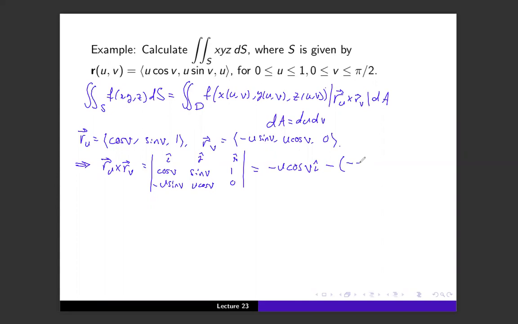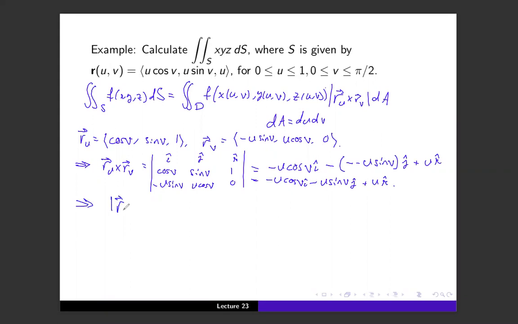So it's negative u sine v. So it's still going to be negative once you come out that other side. And in the k term, u cosine squared plus u sine squared. So that's going to be plus u k. So the whole thing comes out to negative u cosine v i, minus u sine v j, plus u k.